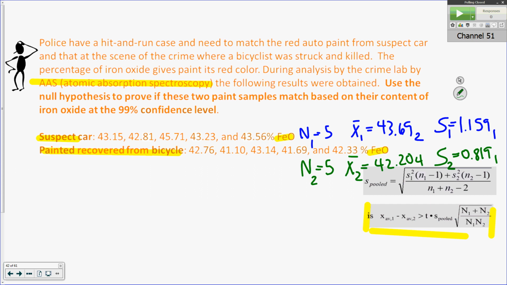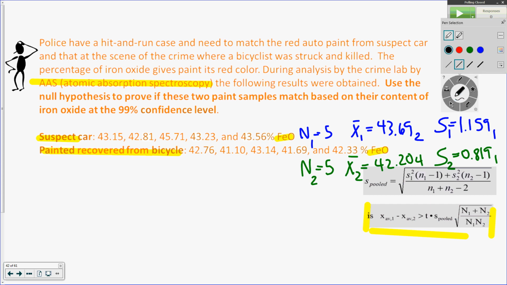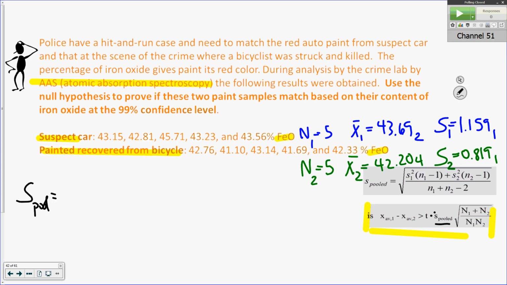So now what I've got to do is go through and calculate the pooled standard deviation. Okay, so I need to know this term, so I've got to calculate it.